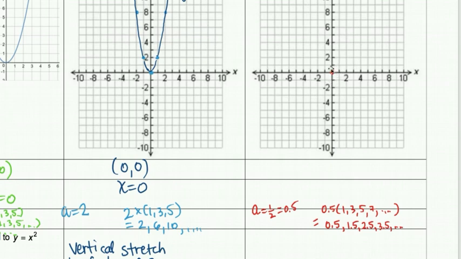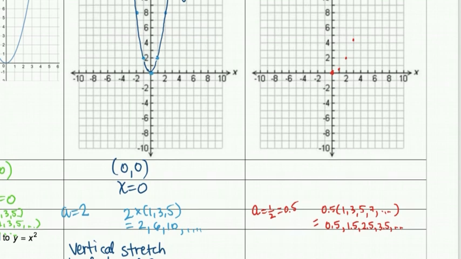So let's do this here. From the vertex, over 1, up only 1/2. Remember, you start at that point, over 1, up 1.5, which will be here. Over 1, up 2.5.